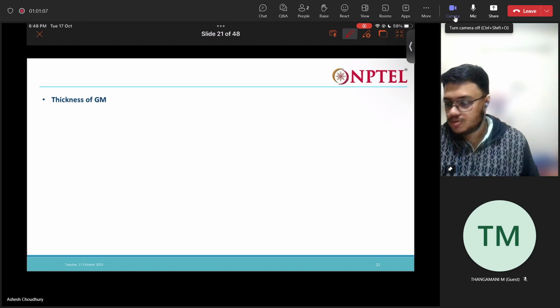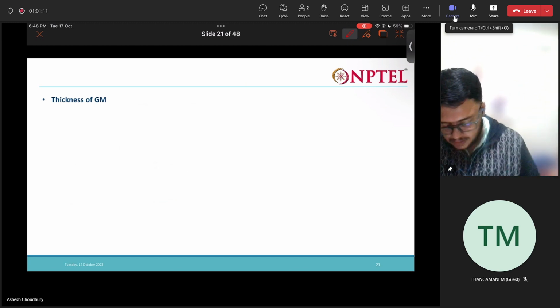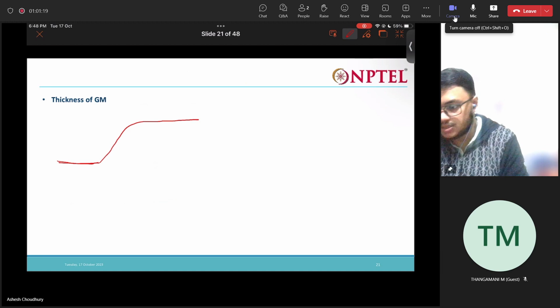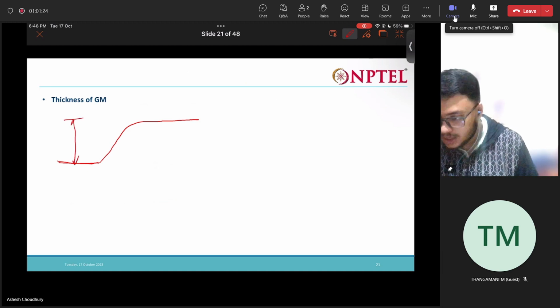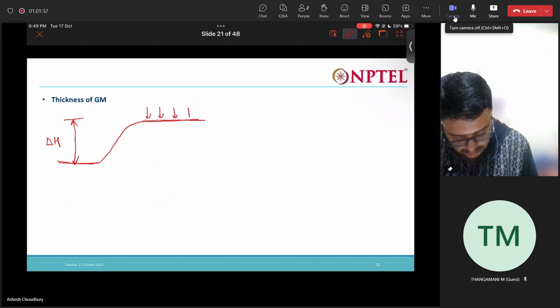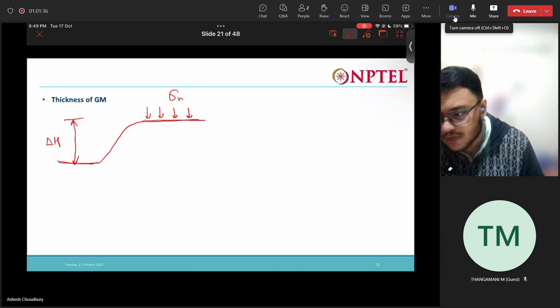So I'll just draw it for you once. Generally, the geomembranes are laid like this. So this is the base, the slope, and this is the approximate height. And in this portion, we have some normal stress that is acting, maybe due to the soil cover, maybe water pressure, whatever.